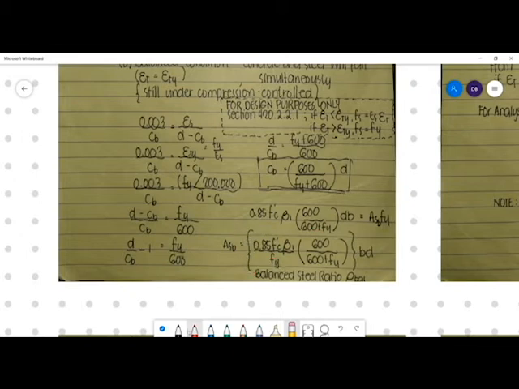Let me mark this more properly. Textbooks are saying that this is what we call the balance steel ratio, or rho sub b.